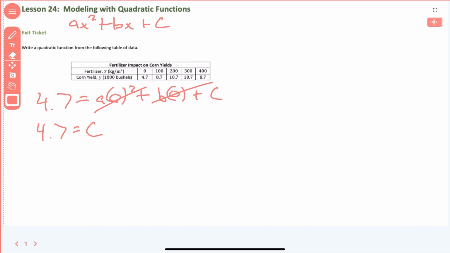Now, for the next part, we're going to use 100 and 8.7.